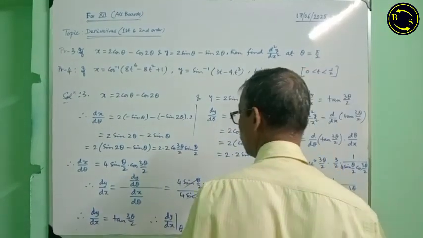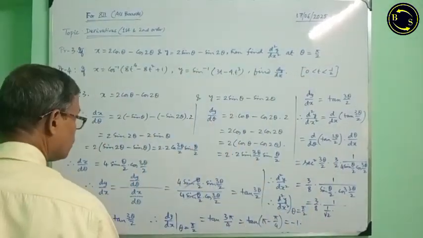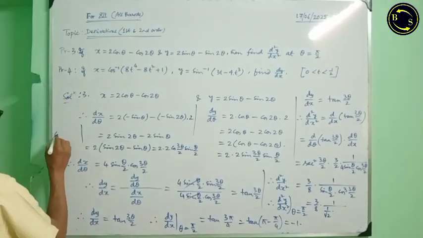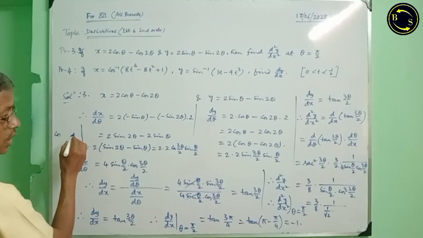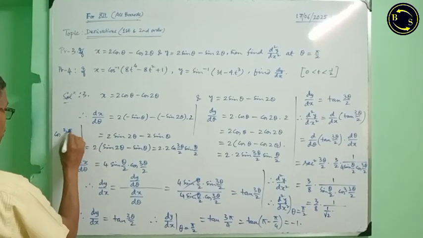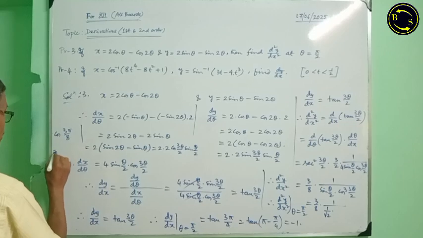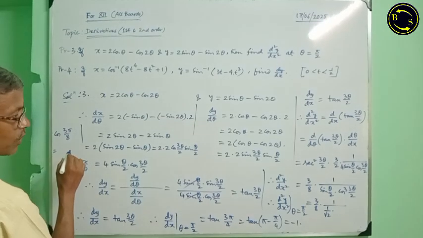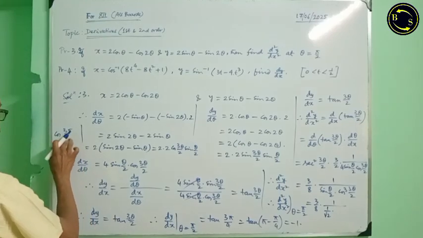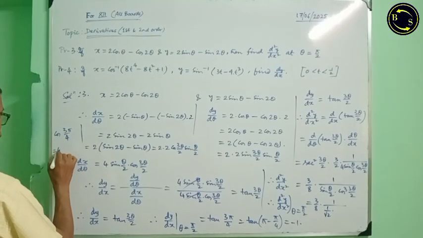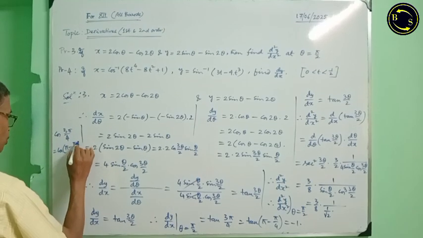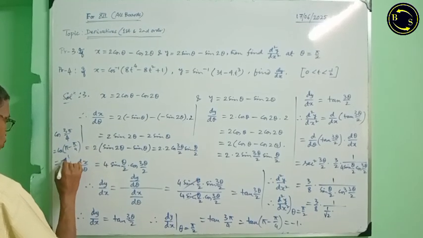Let us calculate that here. Cos 3 pi by 4, cos of pi minus pi by 4, that means minus 1 by root 2.